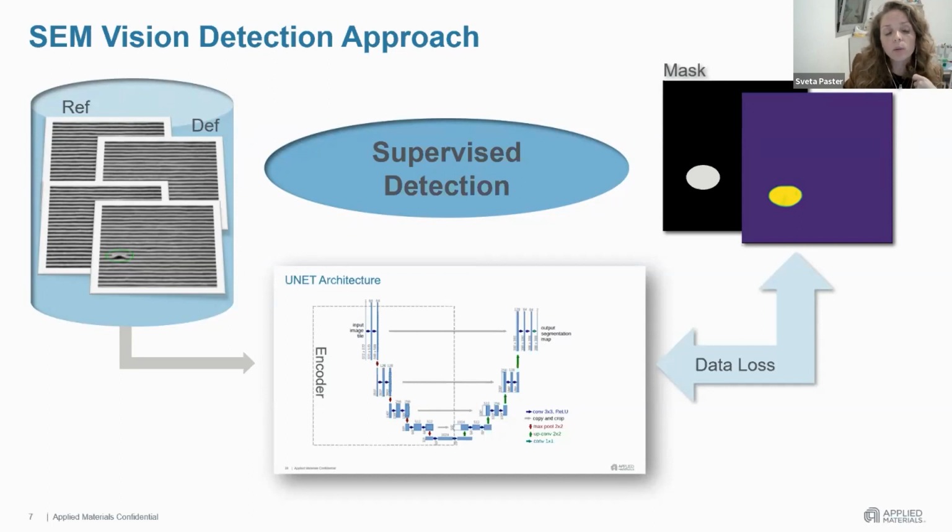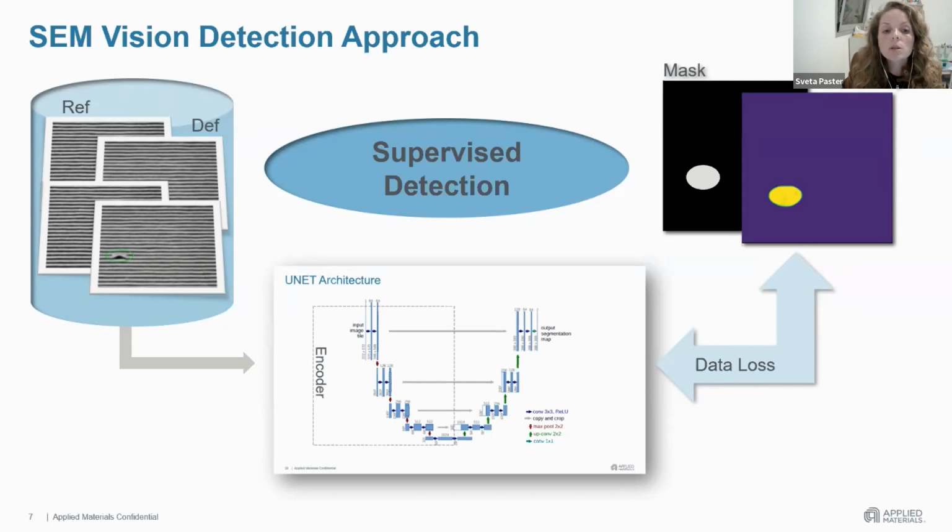The input to our network is these pairs, so the network can also utilize the information from the reference image.